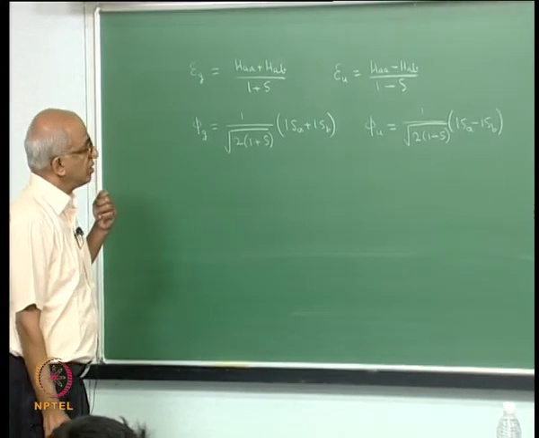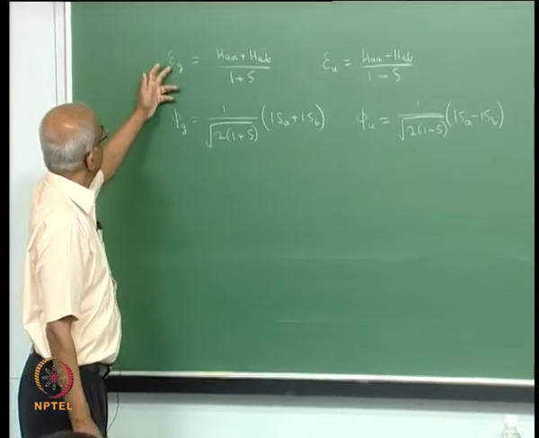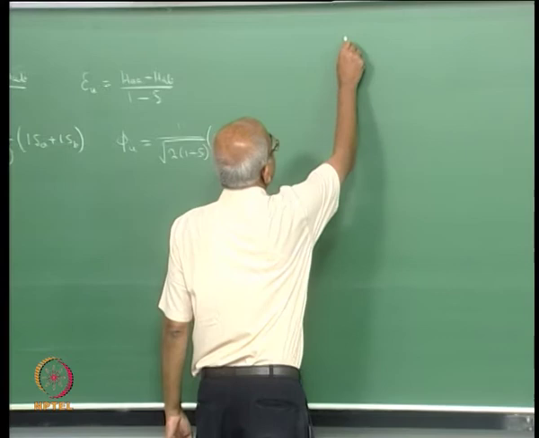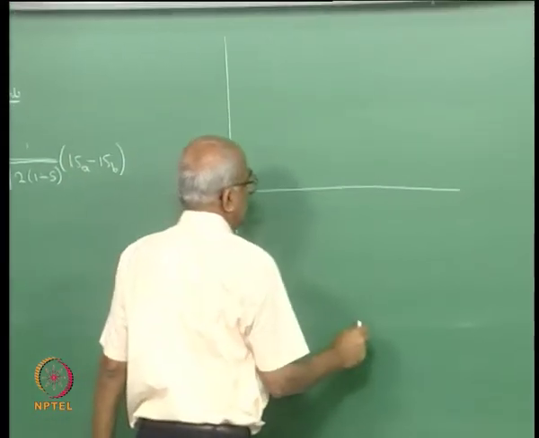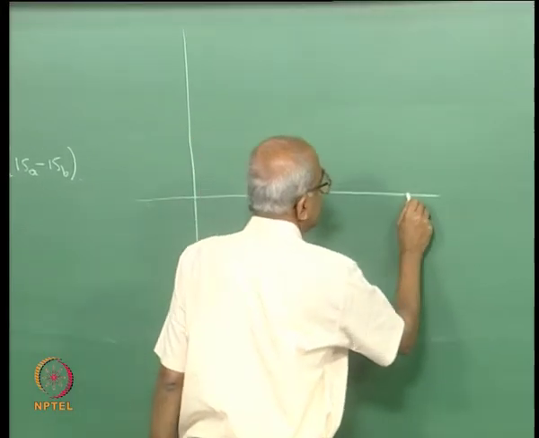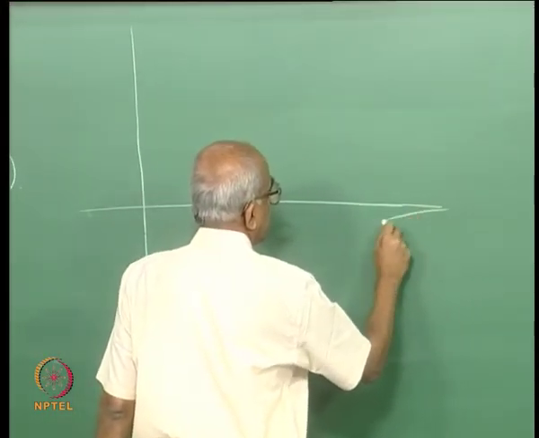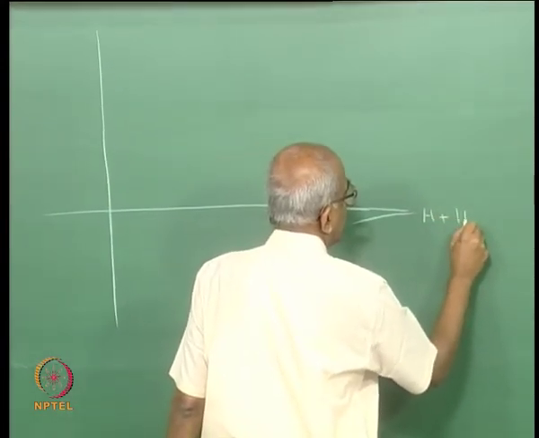and I also pointed out that if you made a plot of Eg or Eu against R, you will find the kind of curve that I have already drawn. At far away, the energy actually becomes that of a hydrogen plus a proton.